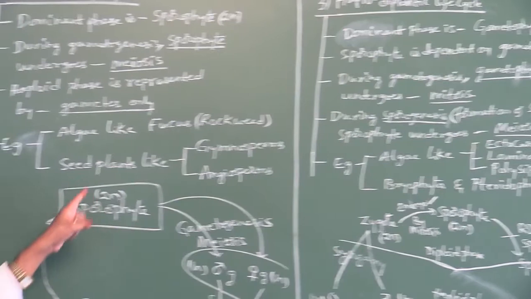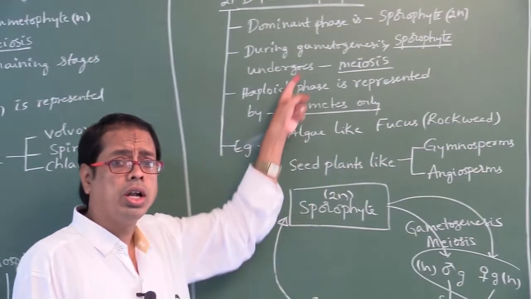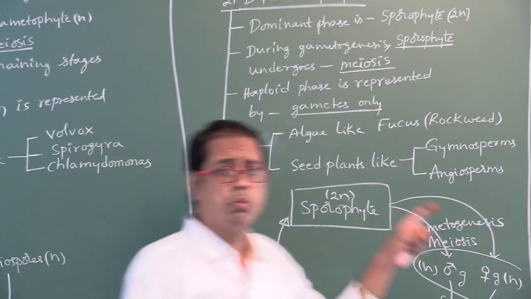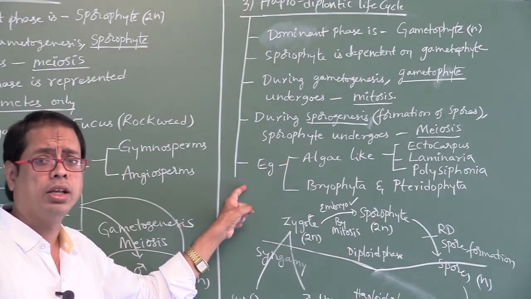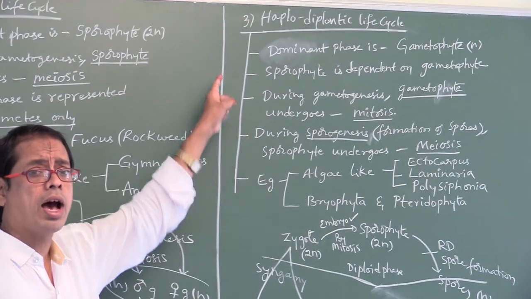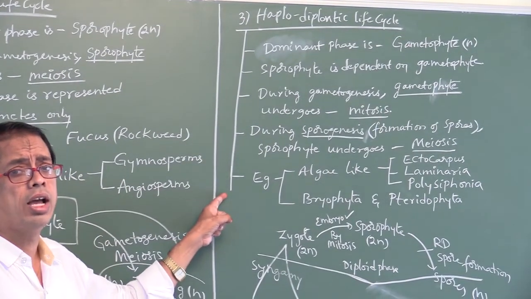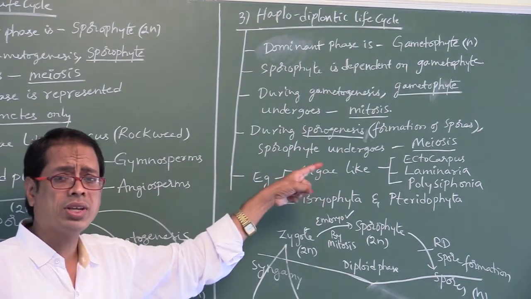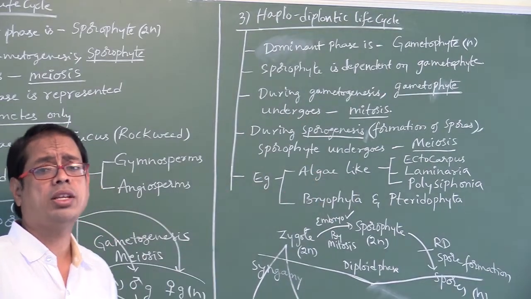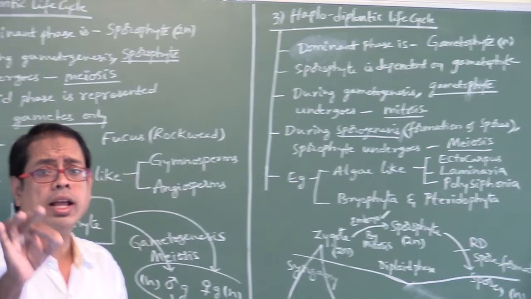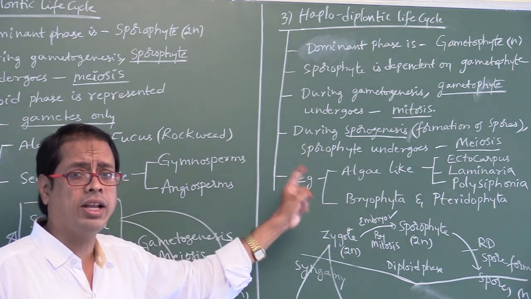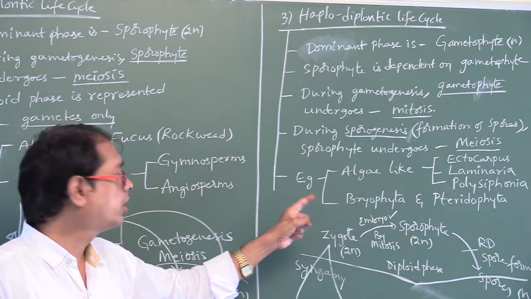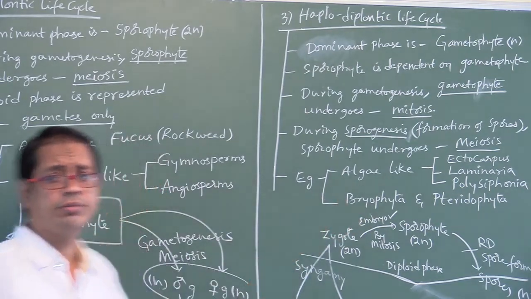Seeded plants show diplontic life cycle. Bryophyta show haplodiplontic life cycle. Pteridophyta show haplodiplontic life cycle. Haplodiplontic life cycle is found in Ectocarpus, Laminaria, Polysiphonia and groups like bryophyta, pteridophyta.